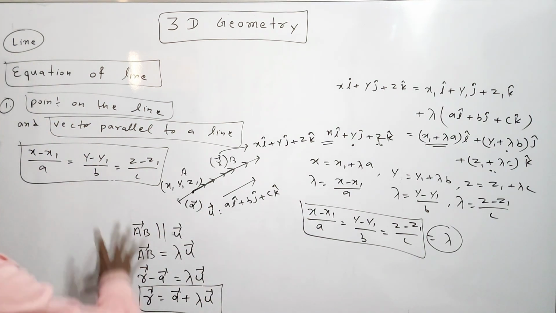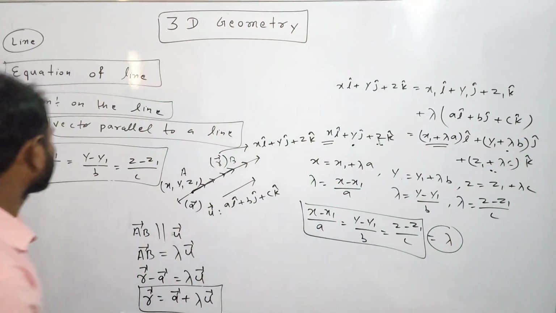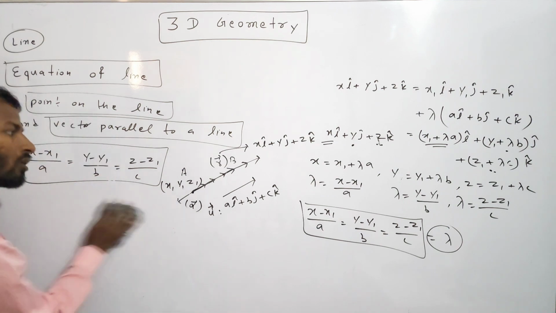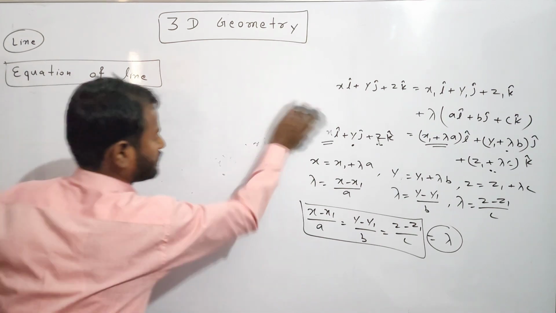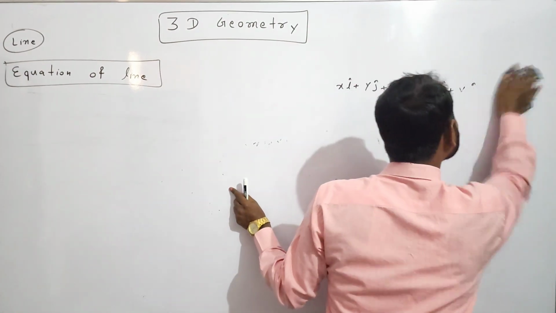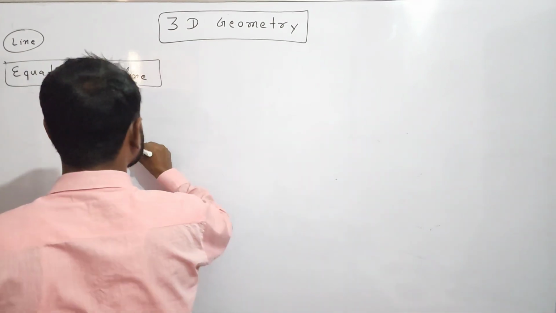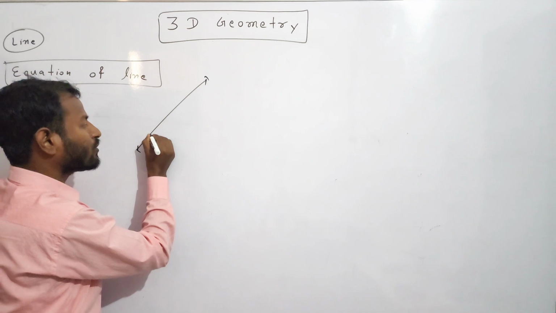Now, in this topic, we have a second form. That form is for whenever two points are given on the line. So let's see how to find the equation of a line when two points are given on the line. Let's say we have a line and two points on this line are given.